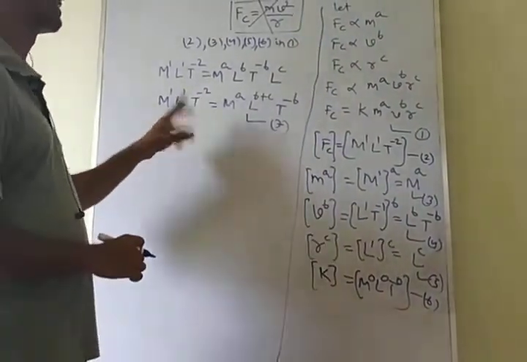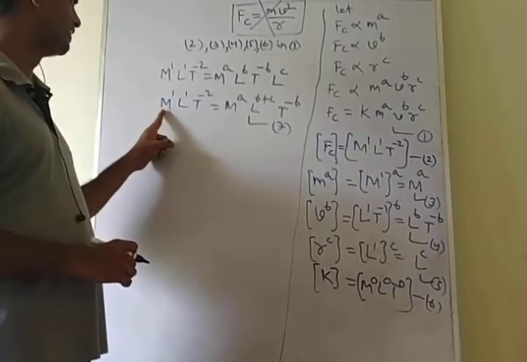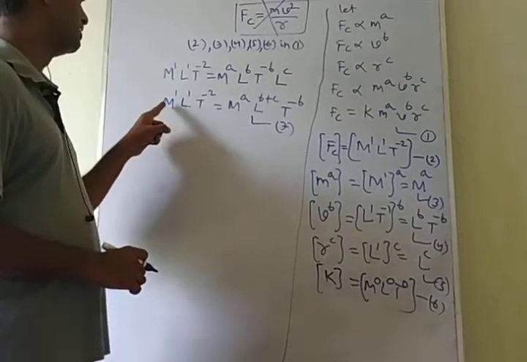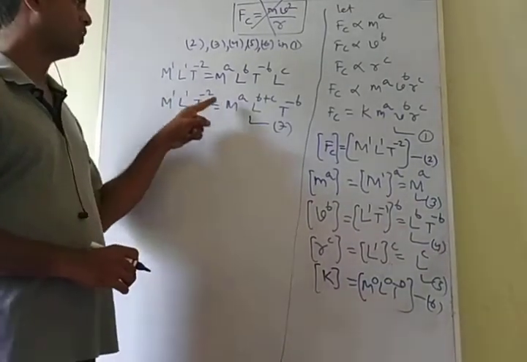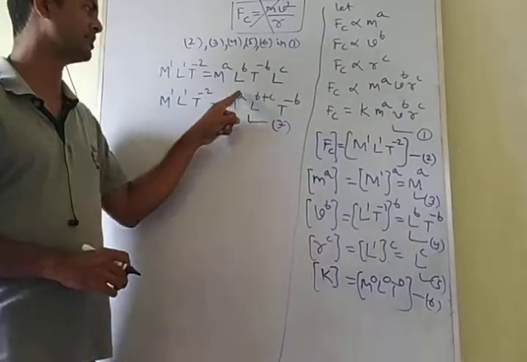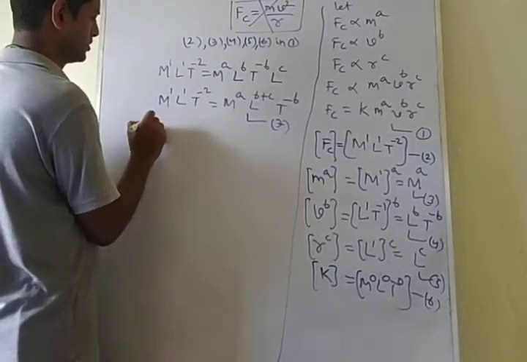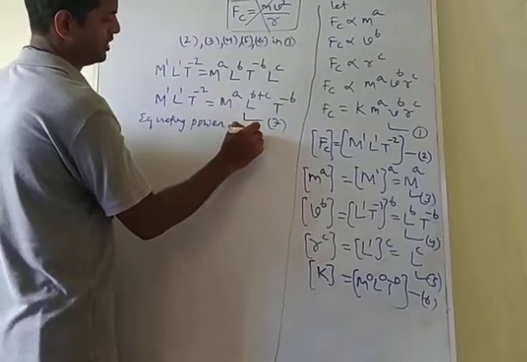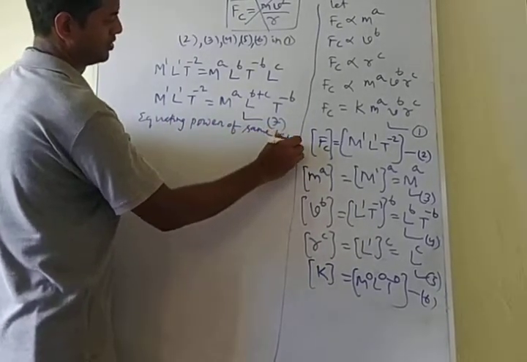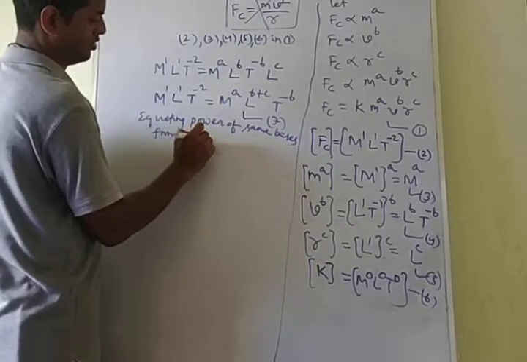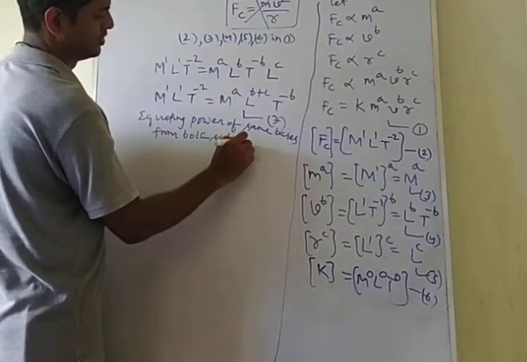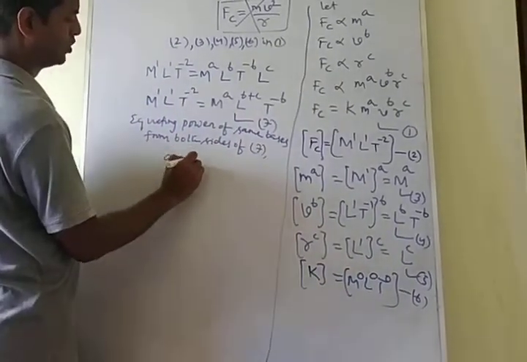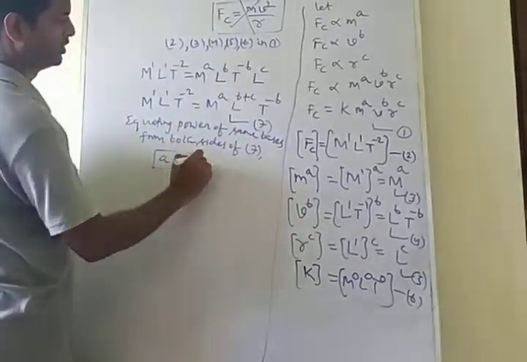Comparing powers of equal bases on both sides: on the left hand side the base is M, and on the right hand side the base is M. But on the left hand side the power of base M is 1, whereas on the right hand side the power of base M is A. So, equating the powers of the same bases from both sides of equation 7, I will take A equal to 1. So I get A equal to 1. Equation 8.